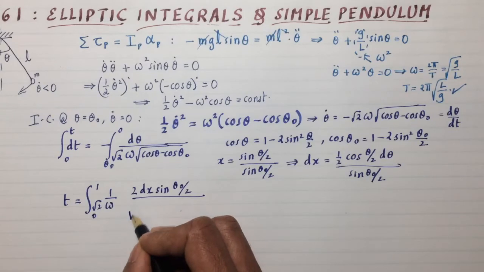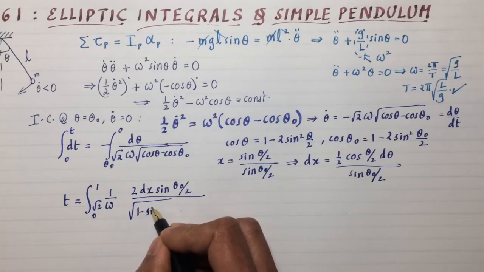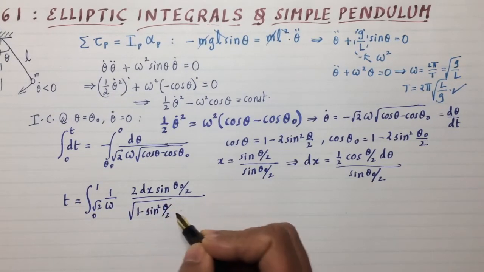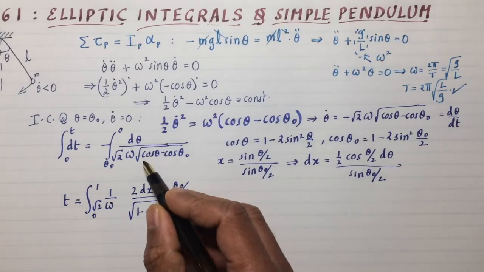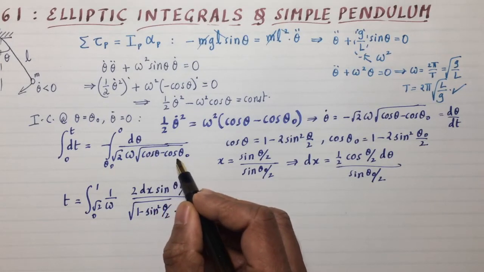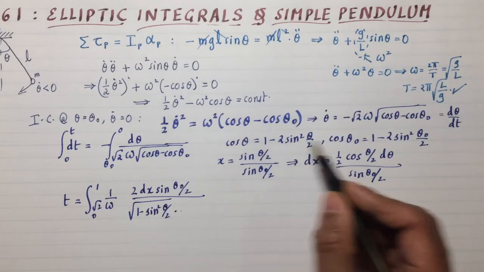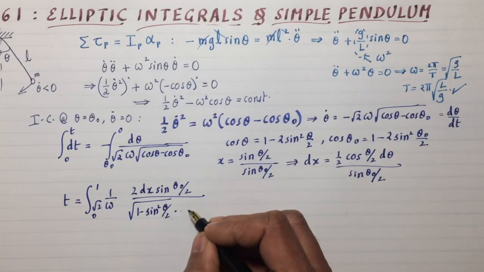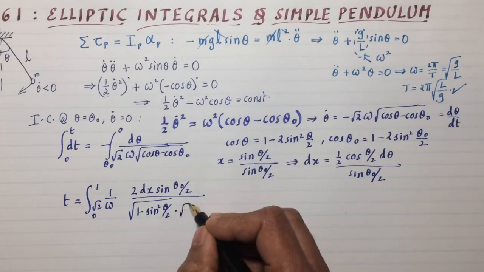But cosine theta is just square root of 1 minus sine squared theta. So I'll write it like that. And then I also have the square root of cosine theta minus cosine theta naught, but I'm writing it like that. The 1's cancel out, and I get a further square root of 2 from that.